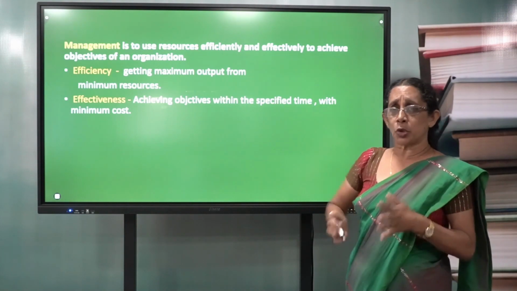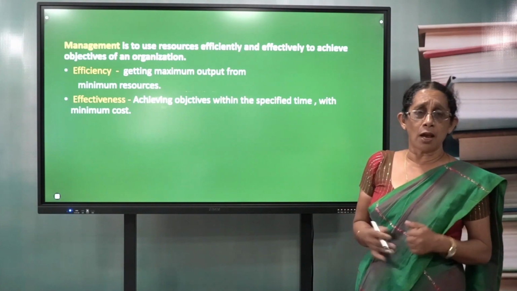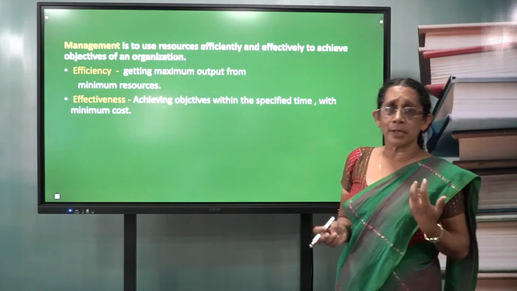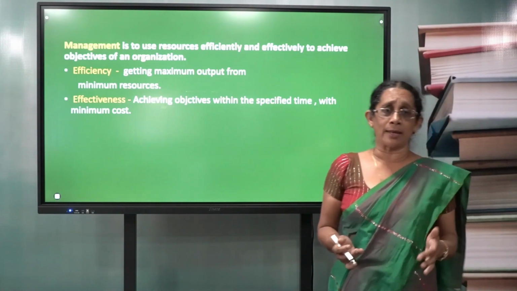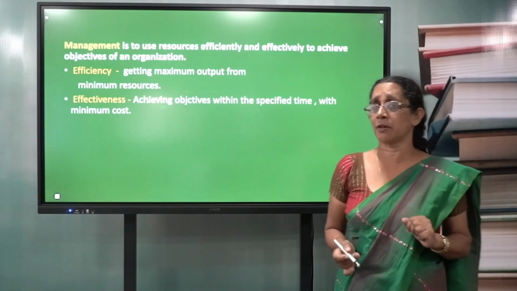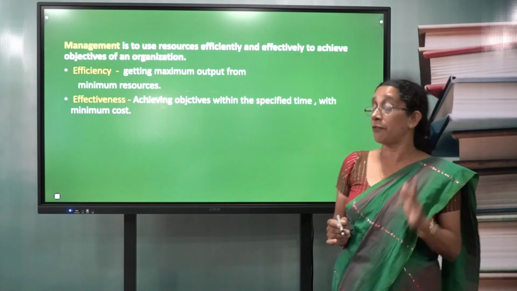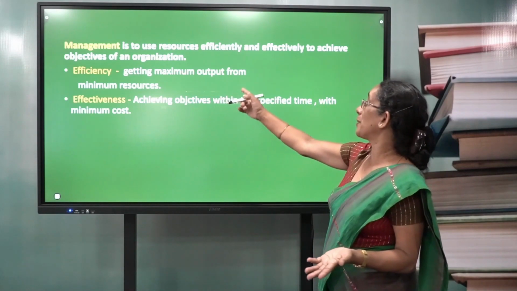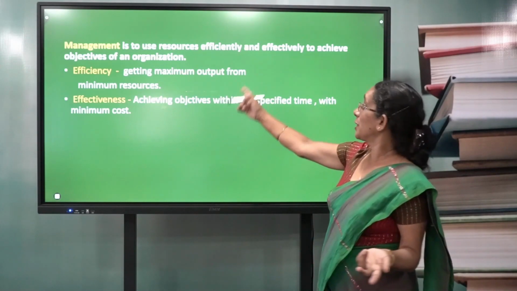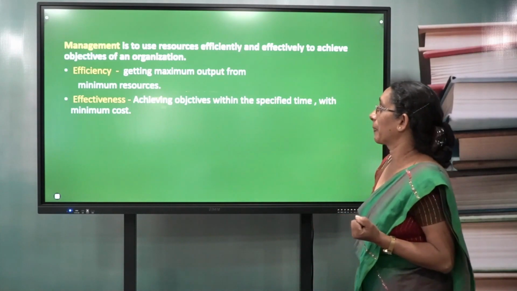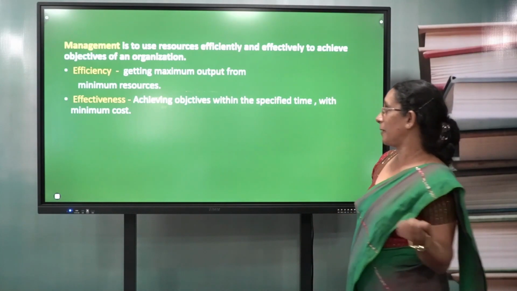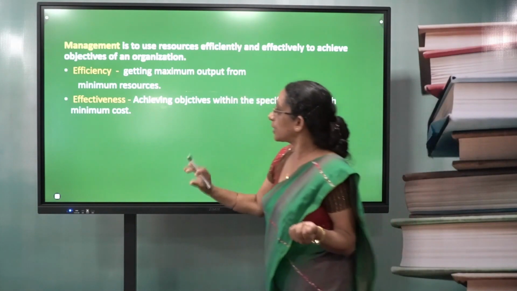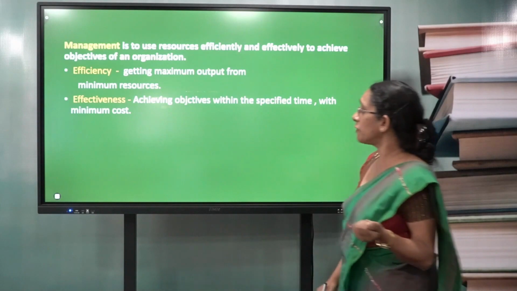Efficiency means, now we said that resources are limited. Therefore, if a business can utilize minimum resources and get the maximum use from these resources, that is efficiency. Efficiency is getting maximum output or benefit from minimum resources. Okay, now it's clear. Next, we have effectiveness. What is effectiveness?